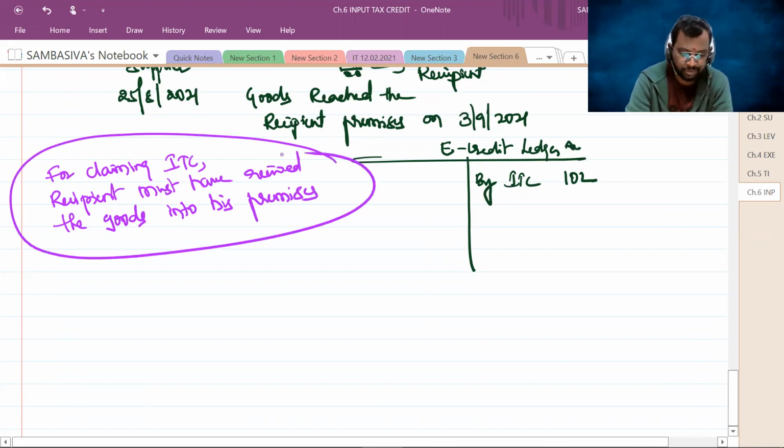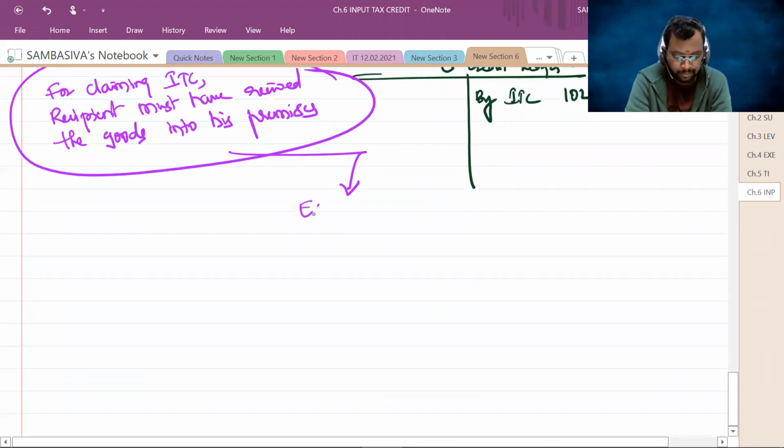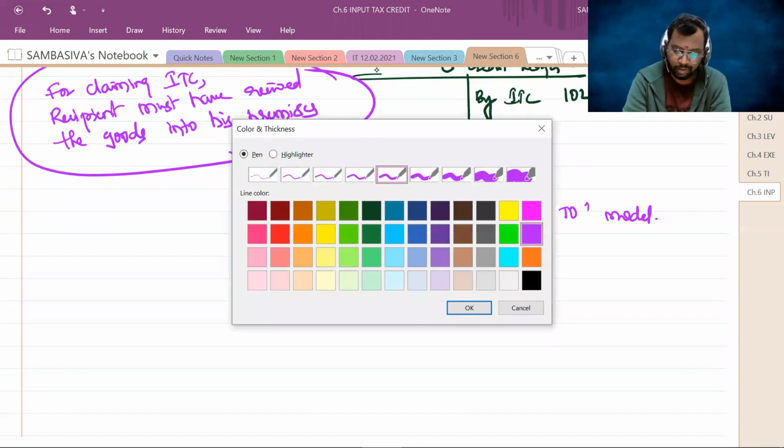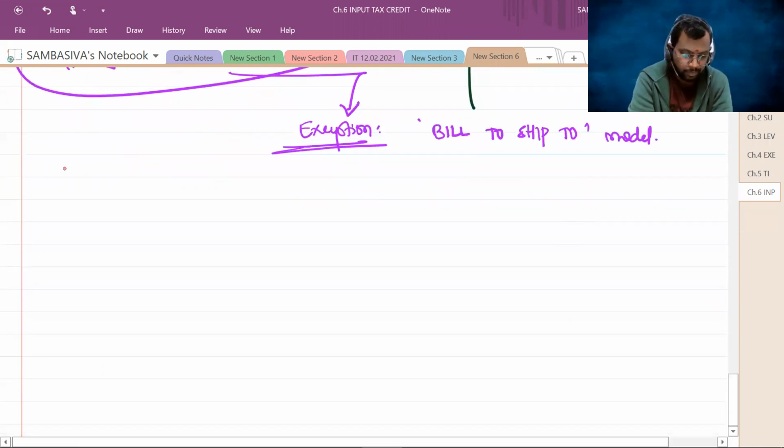This is the original provision, but for this original provision, we have an exception. The exception is the bill to ship to model. Now, what is this bill to ship to model? Let me explain with the help of an example.